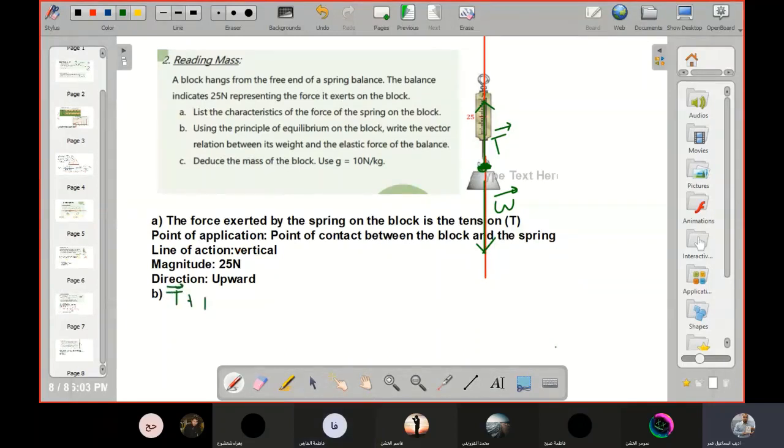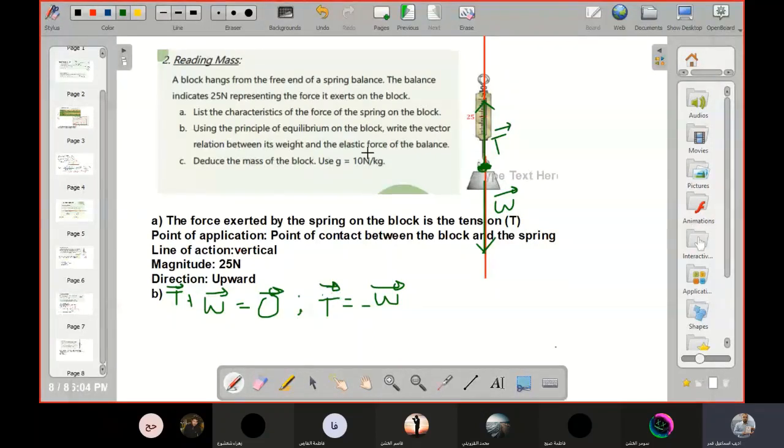Very good. T plus W vectors equal 0 vector. That is, T for example equal minus W. Here someone might say W equal minus T, someone might say T equal minus W. Both are correct mathematically. This, Zahraa, is called the vector relation between its weight and the elastic force.